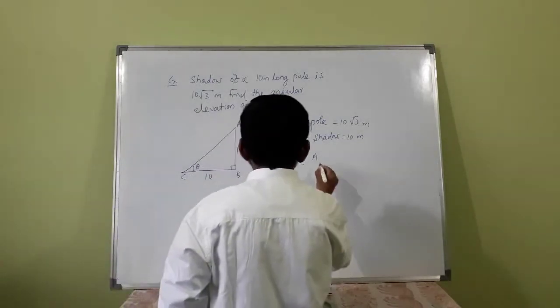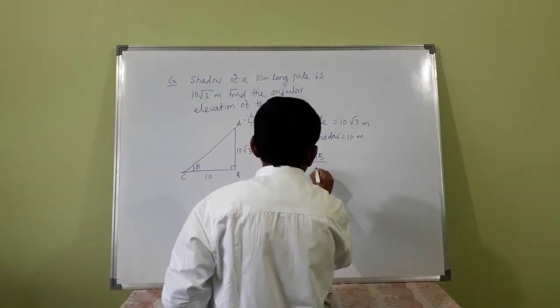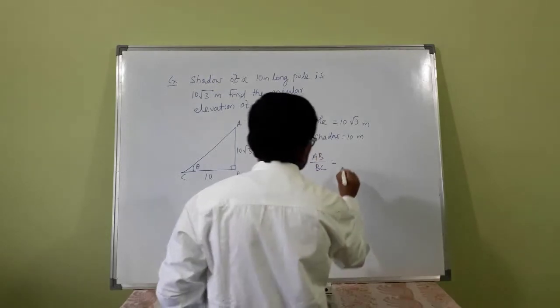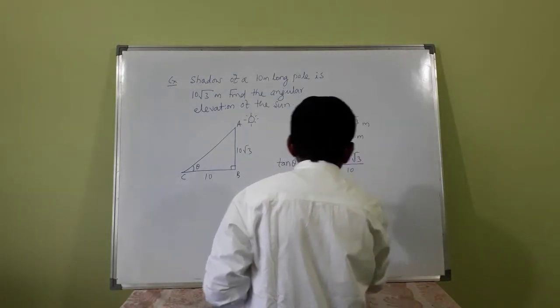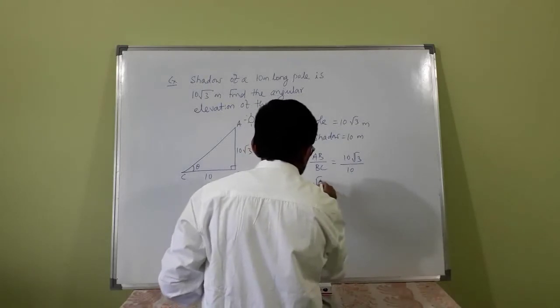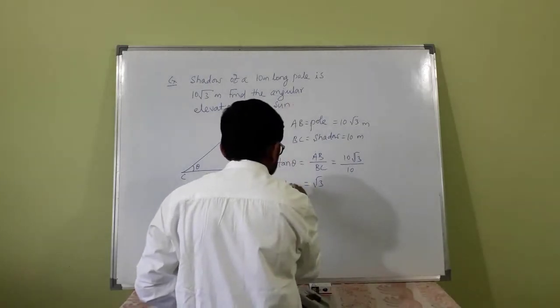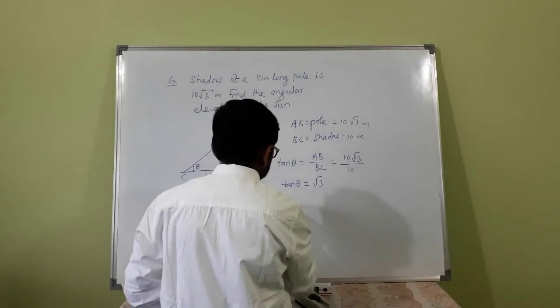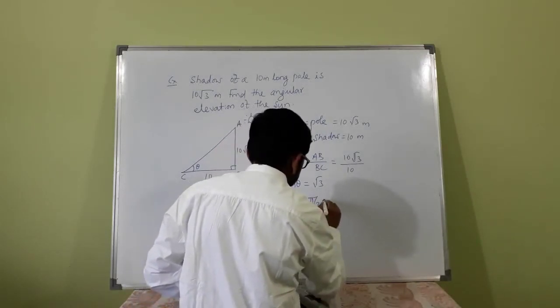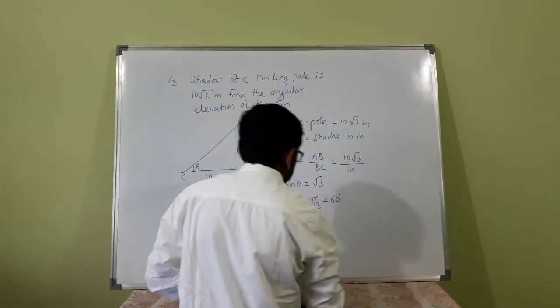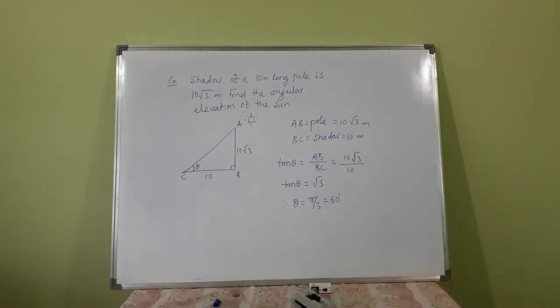So AB by BC is equal to 10 root 3 divided by 10, which is root 3. Tan theta is equal to root 3 means theta should be 60 degree, isn't it? So this is a very simple example.